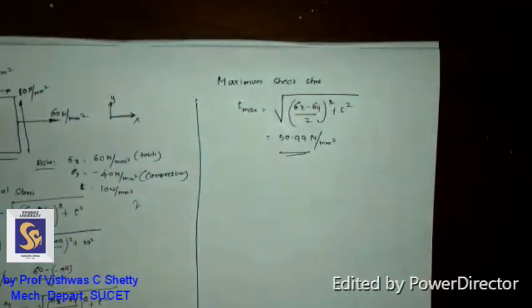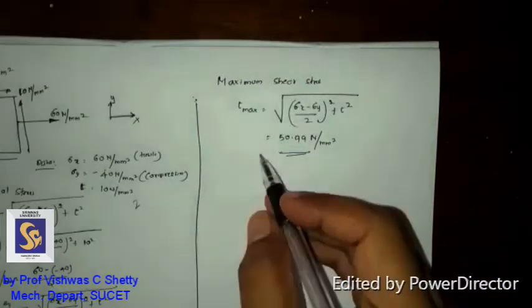Next, they have asked for the inclinations of the planes. In the question they have asked you to sketch the planes, and also the maximum shear stress and their planes.